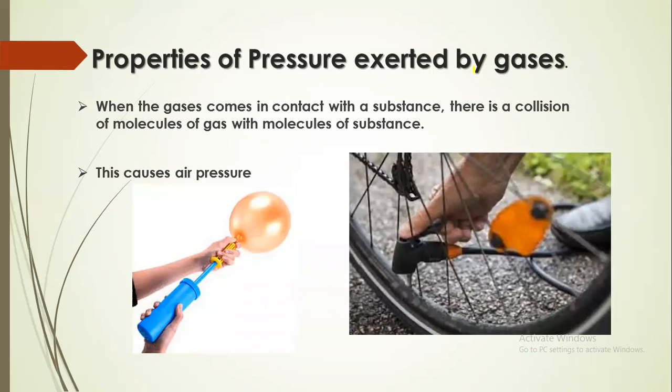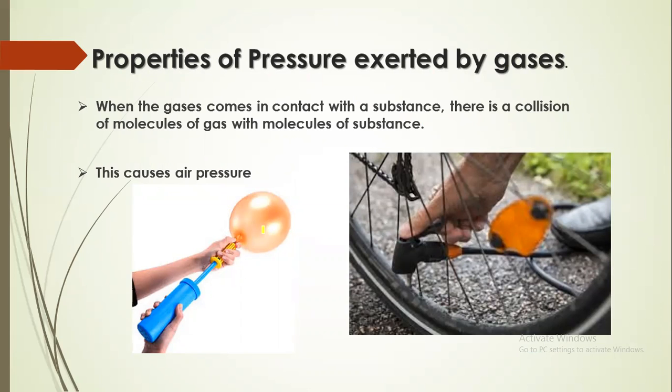Properties of pressure exerted by gases. When gases come in contact with a substance, there is a collision of molecules of gas with the molecules of the substance. This causes air pressure. See in the first diagram, if we blow the balloon, it fills. Why does it fill?